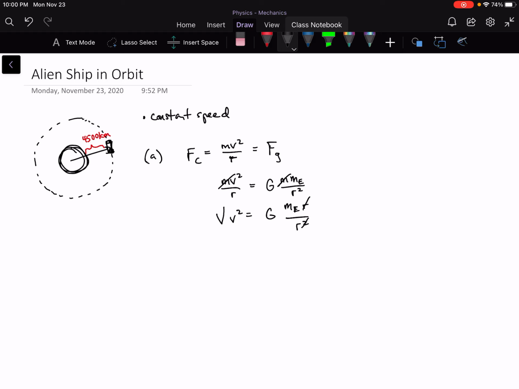We take the square root of both sides. Okay, so if we're looking at this, the one last little issue is that we need to determine what r is, right? So r is not just 4,500 kilometers because that's from the surface of the Earth to the thing.